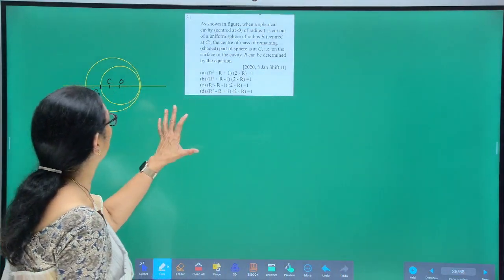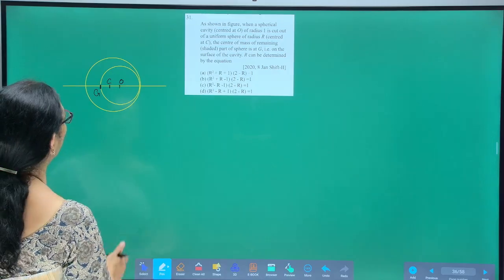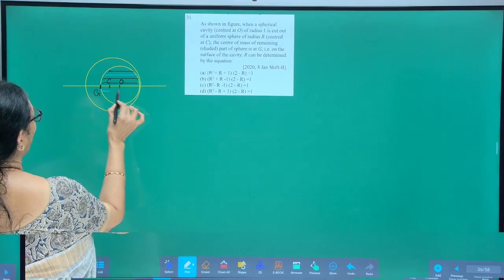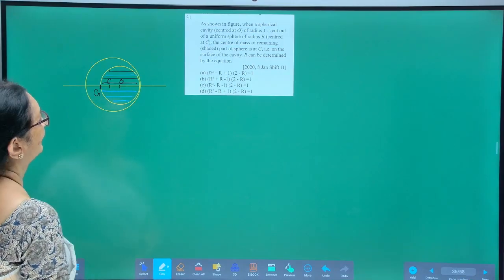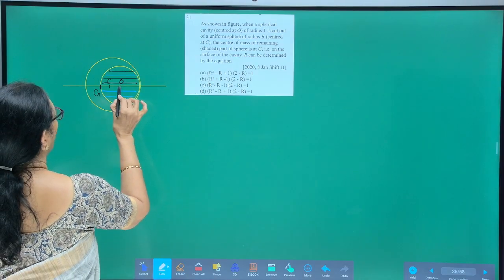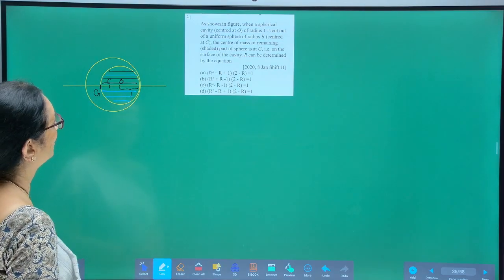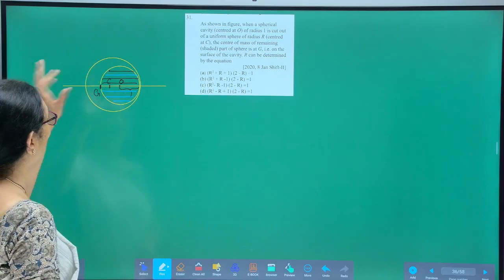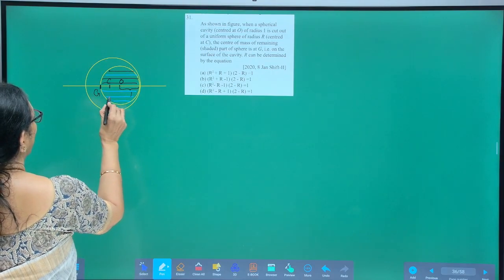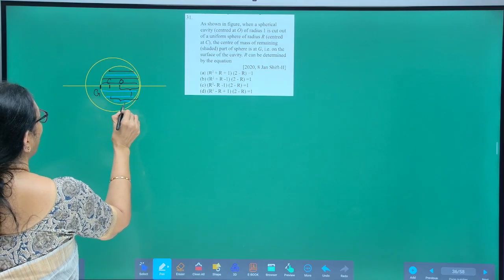Now look into this problem carefully. As shown in the figure, a spherical cavity. Let us consider this as a spherical cavity of radius 1, centered at O. So this radius is given as 1, centered at O, is cut from a uniform sphere of radius R, centered at C. So the radius of this sphere is given as R here.